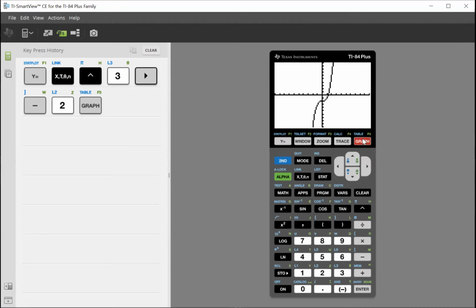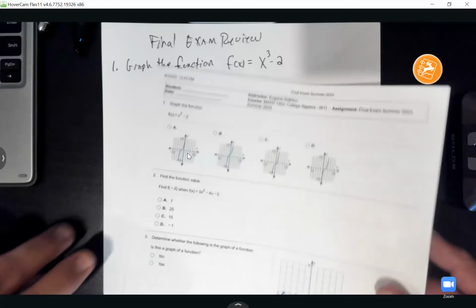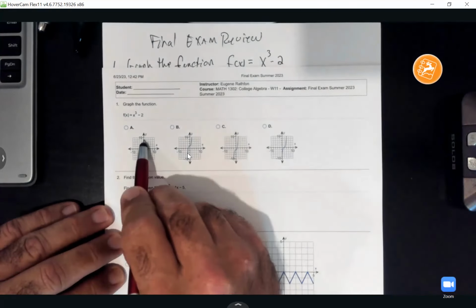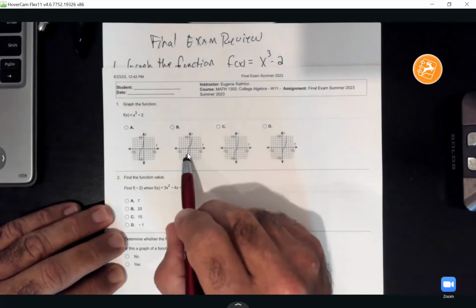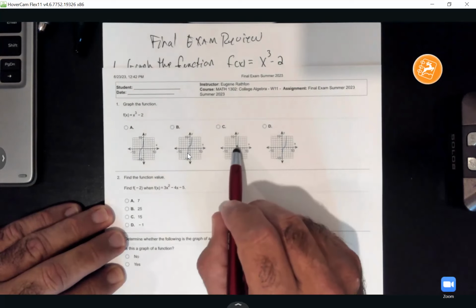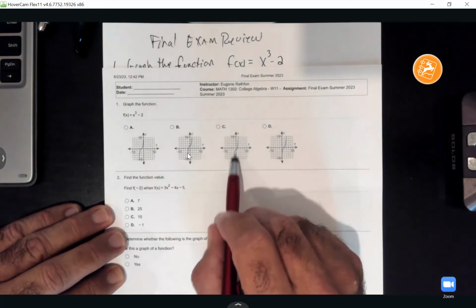So notice it lowered it by 2 because that minus 2 is lowering that graph down. So we want the picture that looks like it was lowered. And I'll show you on number one, they're going to give you 4 pictures. So the first one looks like it went left. Second one looks like it went up a little bit. Third one looks like what we had. It looks like it went down.